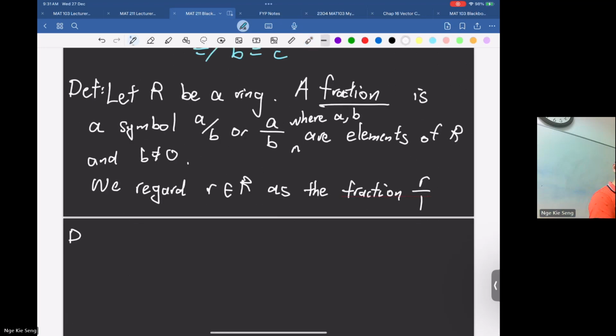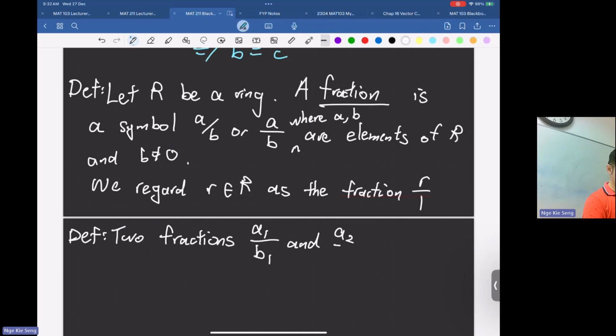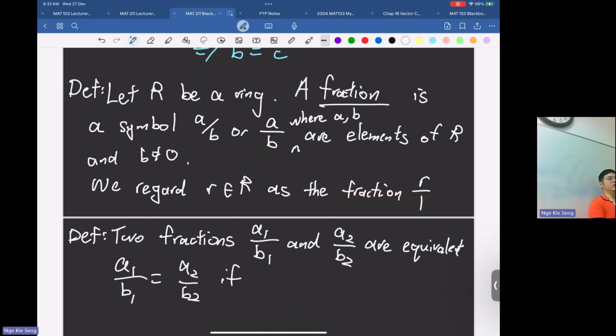Next definition. How do we define two fractions to be the same? This is exactly how we defined it last time, in the motivation just now. If I want to say that A1 over B1 is the same as A2 over B2, or they are equivalent, and we write A1 over B1 equals A2 over B2, if we only know ring operations, we only know how to multiply and add. So if the cross multiplications are equal, A1 B2 equals A2 B1.